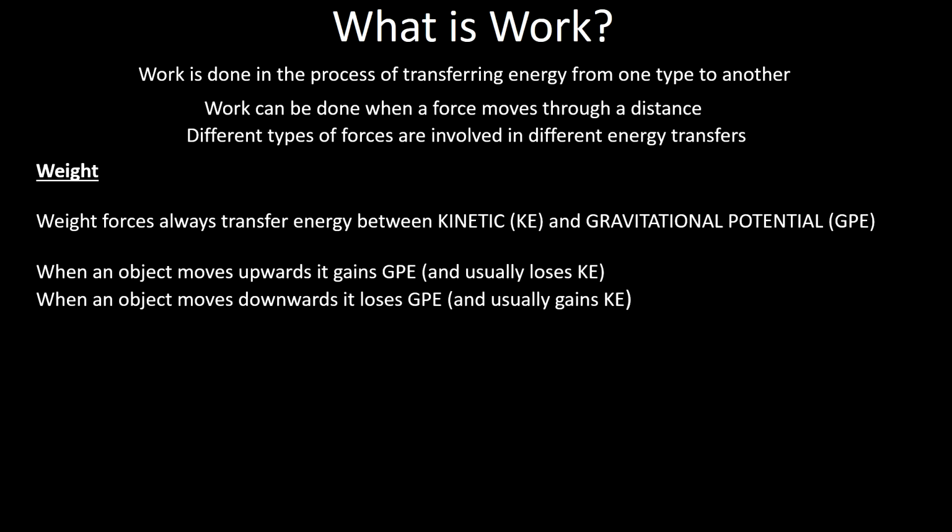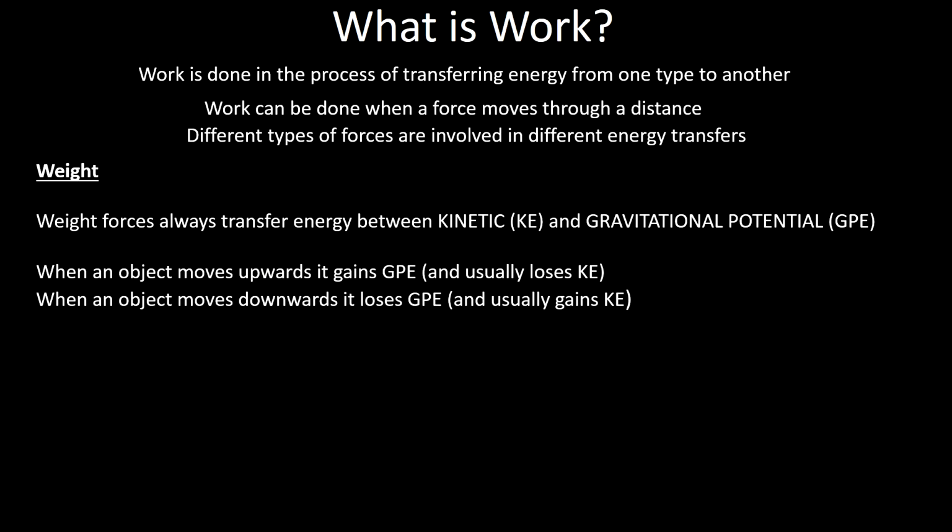So if we throw a ball up in the air, it starts off moving upwards quickly, and it slows down as it goes upwards. So it's losing kinetic energy and gaining gravitational potential energy. The reason that's happening is because of the conservation of energy we talked about before. As the object moves upwards, the weight force does some work, transferring its kinetic energy into gravitational potential energy.